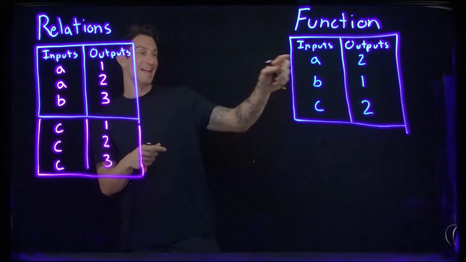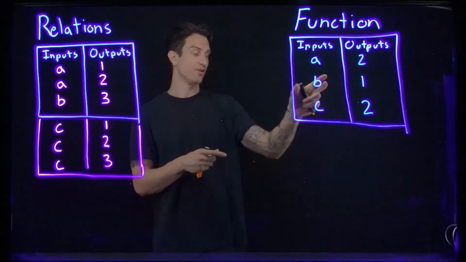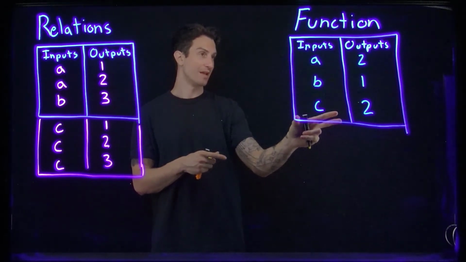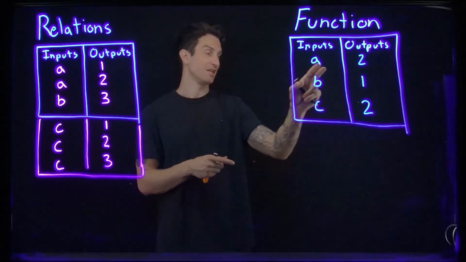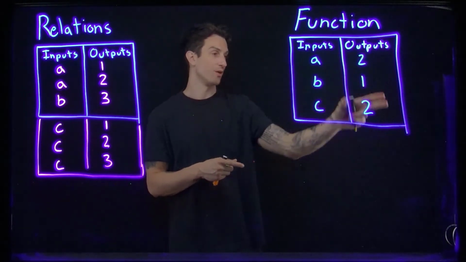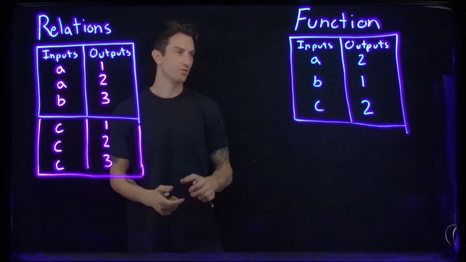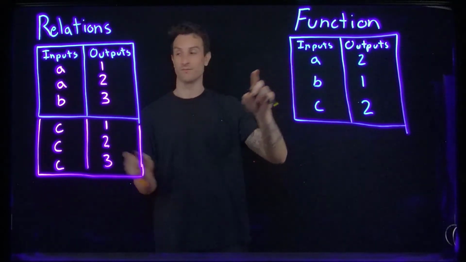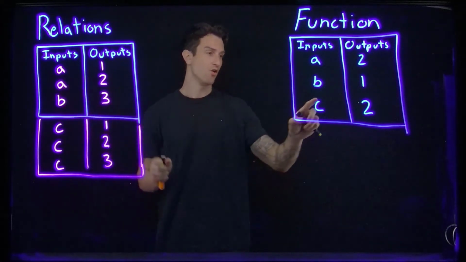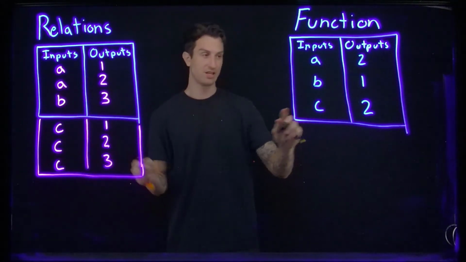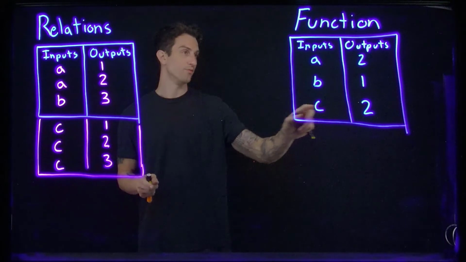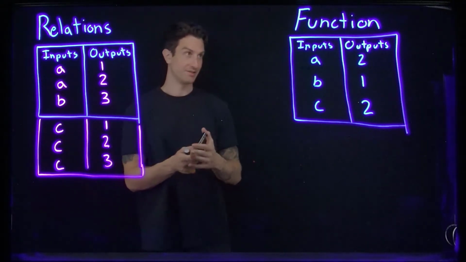As long as I'm taking one object from my set A or my domain, my inputs, and I'm getting one object from my outputs or my range, I'm okay. It doesn't matter that they're going to the same value too. That's totally fine, as long as A is not going to multiple things as it is over here, or C is not going to multiple things as it is over here. We only have one output for every input. That is all we care about.